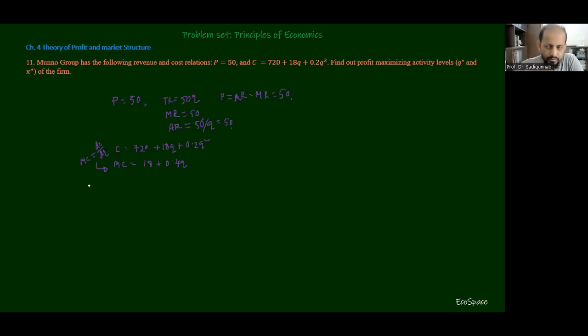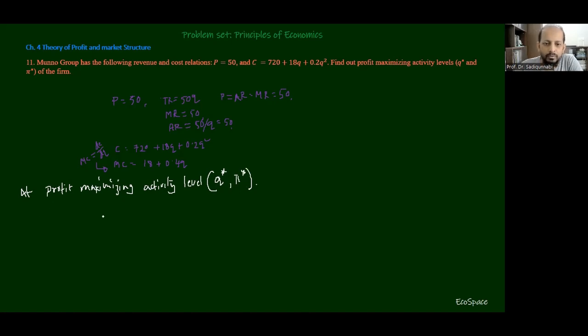At the profit maximizing activity level, that means Q star and pi star, we are going to find this Q star and pi star.